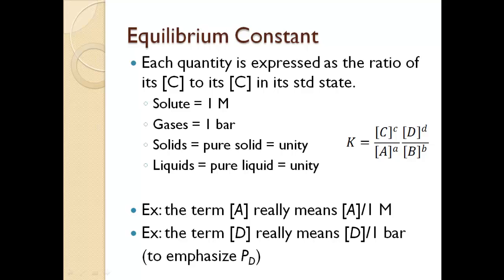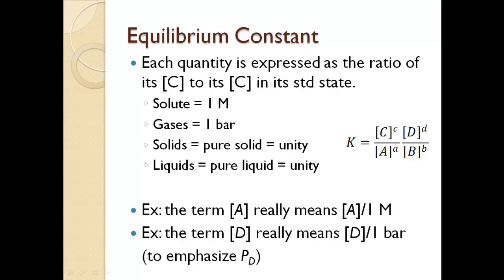So even though when we write bracket A, like saying the concentration of A, what we really mean is that the concentration of A is over 1 molar. But we never write that. That's rarely written like that, so don't stress out. You just have to know that. So when we write the concentration of A, that bracket A, that's really saying over 1 molar.